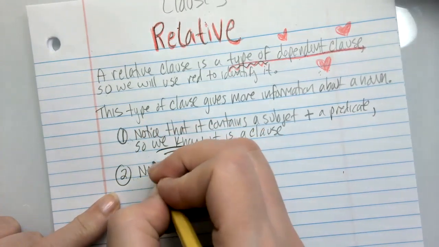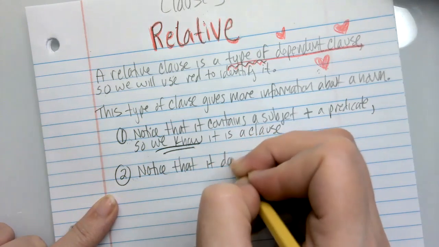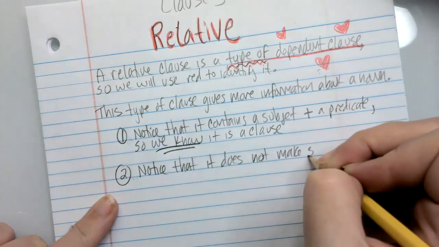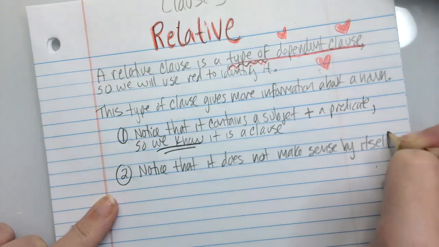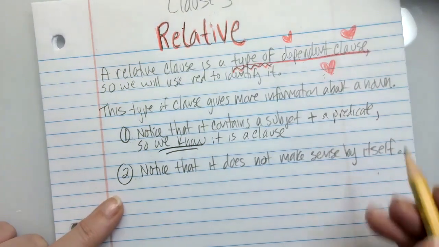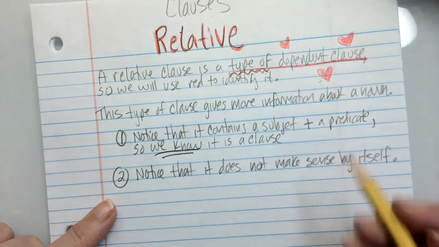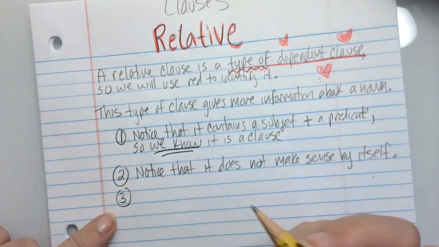So notice that's another big, huge indicator that it is a relative clause, that it's dependent on something else to make sense, right? I'm going to skip a line and put number 3.